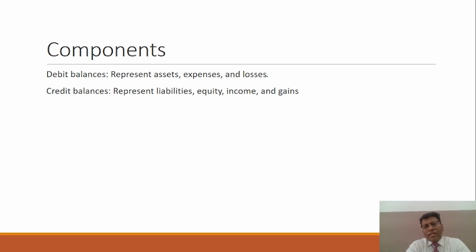So you have to identify whether a particular account is an asset, expense, or loss, because from the very beginning, when you learned journal entries as per the rules, all assets, expenses, and losses were debited. And profits, gains, or any liability, capital, and equity are credited, as you see in the credit balance.